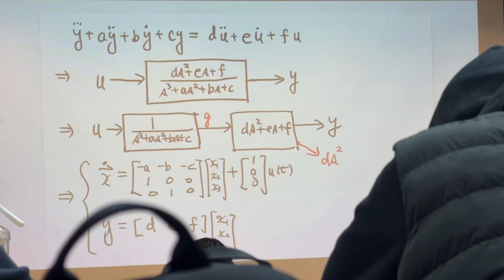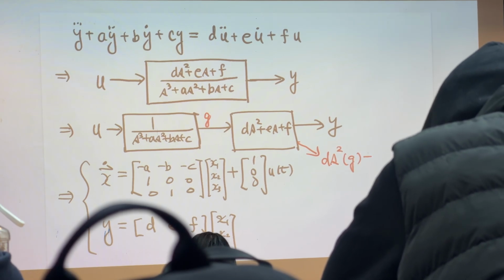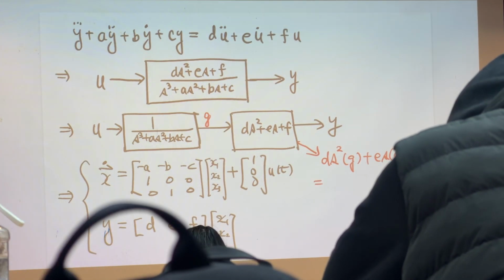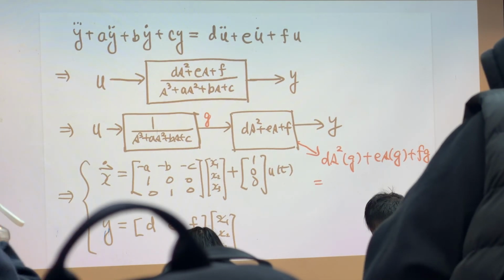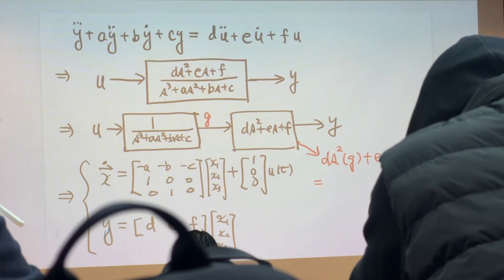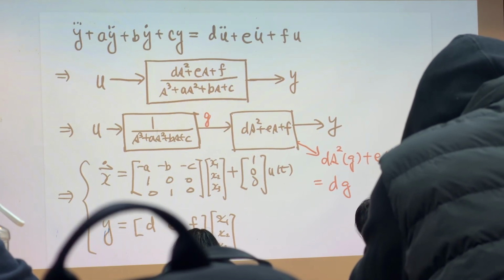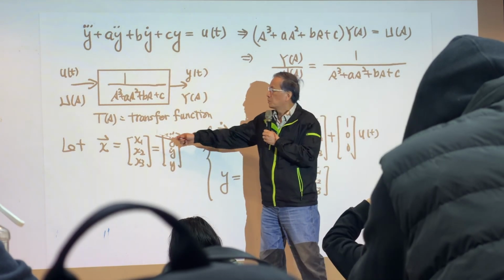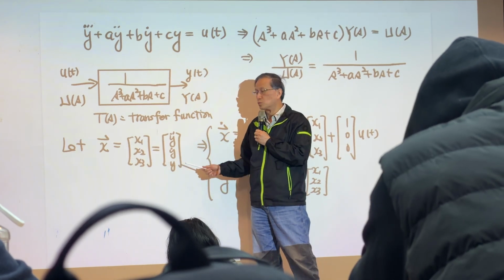This basically means s squared g times d, plus e s g, plus f g, right? So what would this equal? Because you have d s squared, and d s squared g means d times g double dot, right? And g is actually like what we showed here, right? G double dot is x1. Remember here? G double dot now becomes x1, and g dot becomes x2, right?